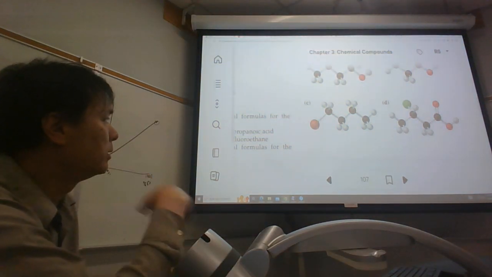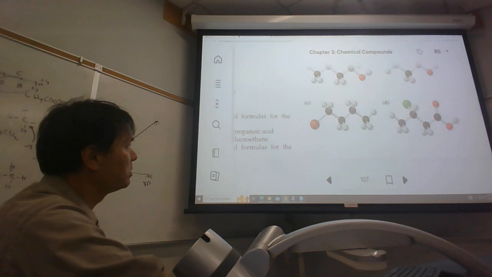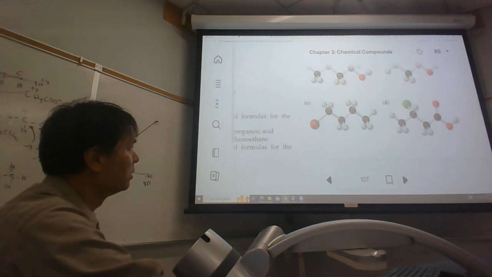And so what we could call this, how many carbons in the chain? 4, so it's but-. And then are there any double bonds or triple bonds? No. So it's butane. And then we have a bromo. We could have bromo on carbon 1, or on carbon 2.